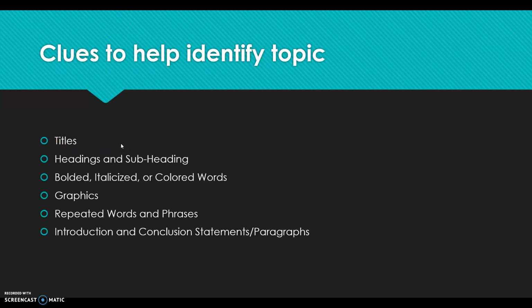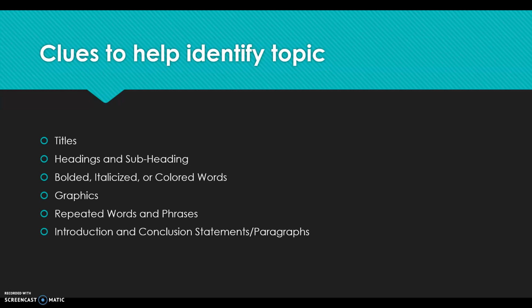Sometimes you can identify topics with help from the clues the author gives, like titles or headings and subheadings. Sometimes the topic of a section is a bolded vocabulary word. It's shown through graphics a lot, because those graphics are really expensive to get the rights to put in your book, so authors choose graphics carefully.